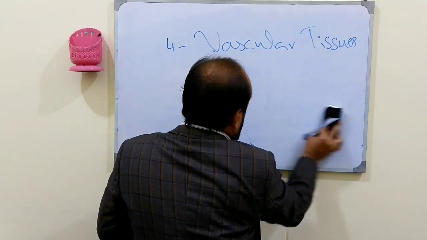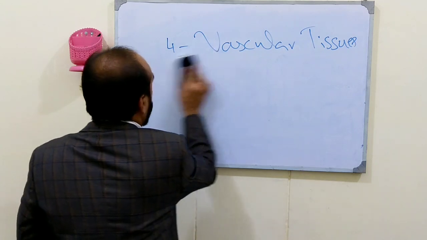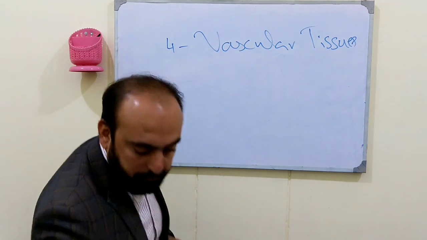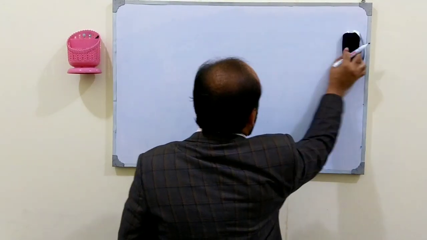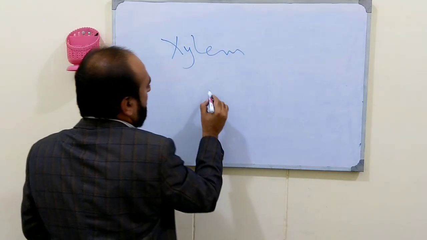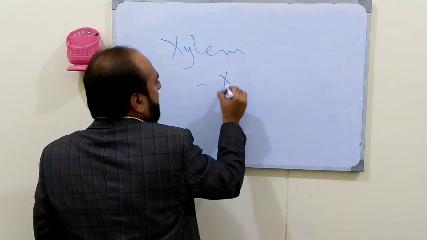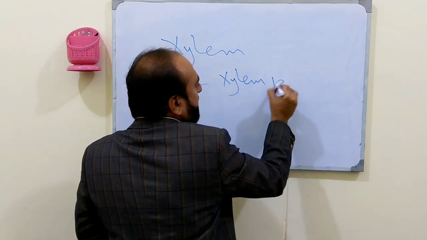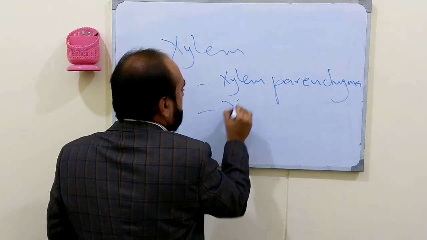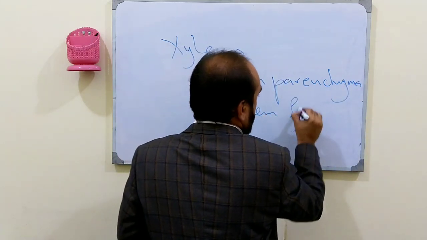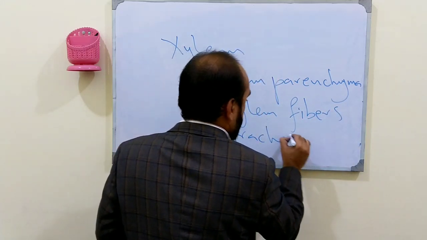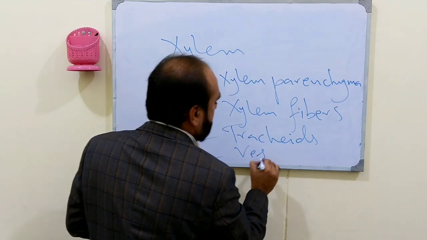The xylem that transports water and minerals from root system to shoot system is made up of 4 types of cells: xylem parenchyma cells, xylem fibers, tracheids and vessels.